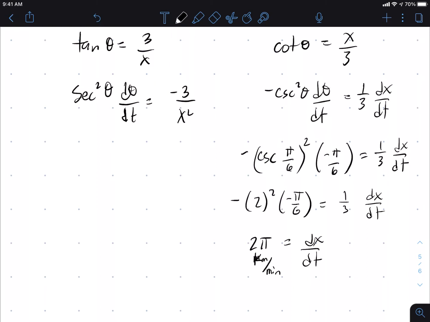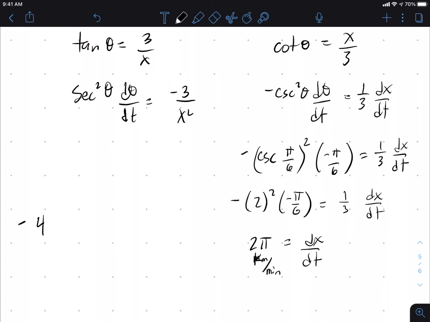So how did you get rid of, because I understand that you get 2 because it was 1/2, and then you flip it, so it's 2. But the negative pi over 6 and the 1/3, that kind of disappears. I got all the steps up to that. Okay, let me do it.